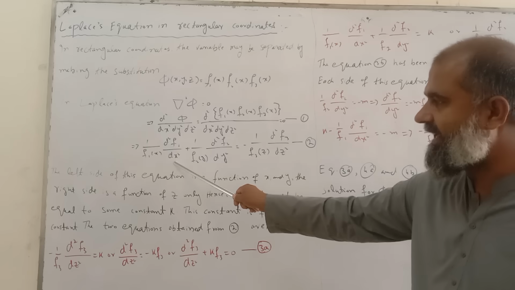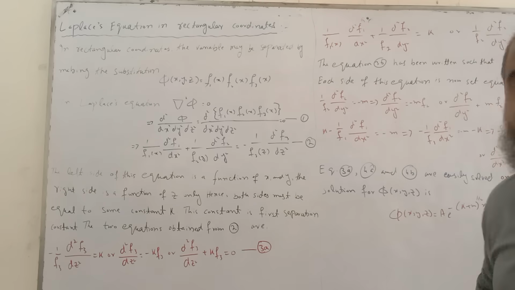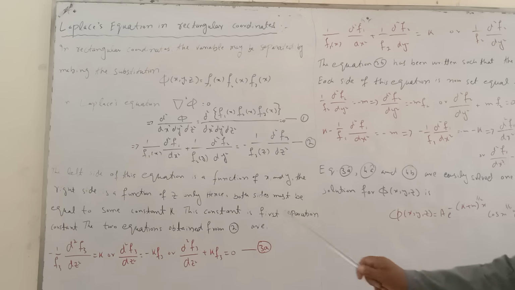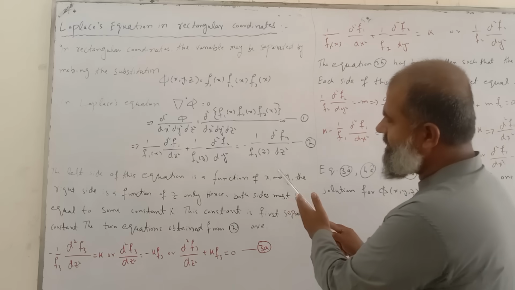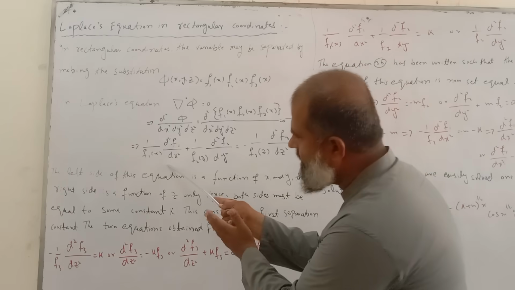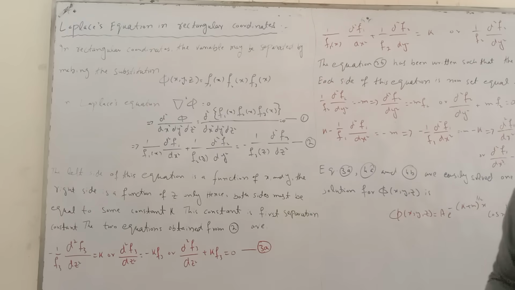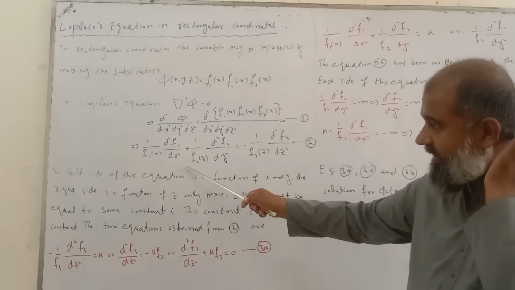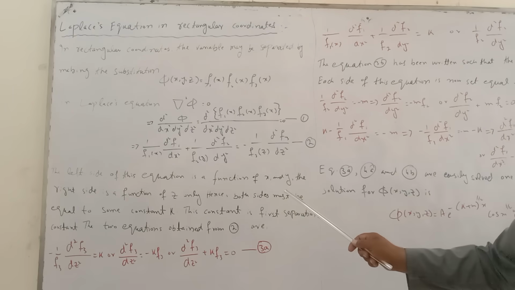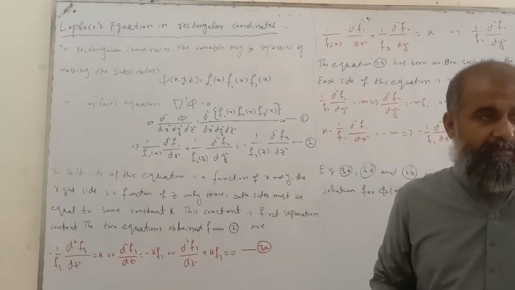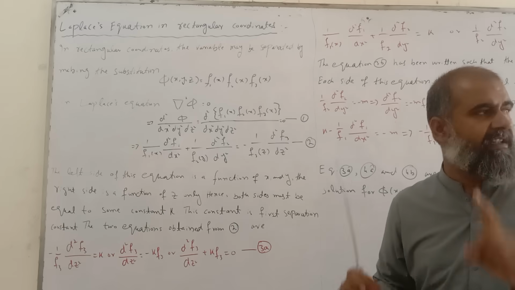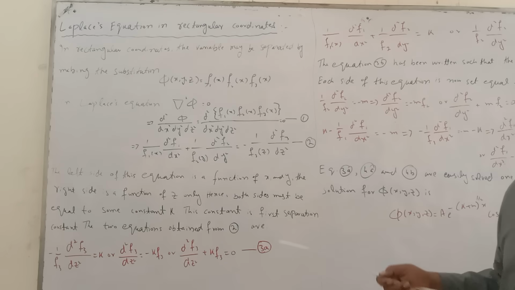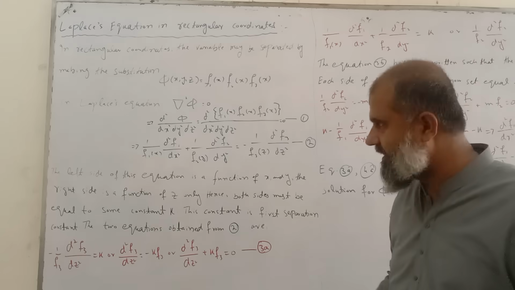Both sides must be equal to some constant k, because if this is equal to 5, the other should also be equal to 5, and if this is equal to 100, the other will also be equal to 100. Both should be equal to the same constant. That constant is k, and we call it the first separation constant.